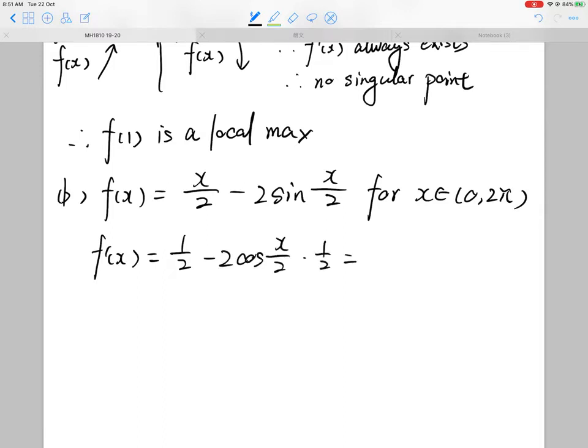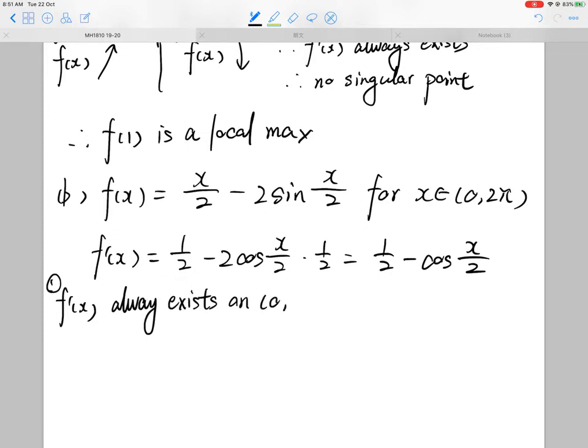So it is half minus cosine x over 2. First, this is a continuous function, so f prime x always exists on the interval 0 to 2 pi, which means there's no singular point.